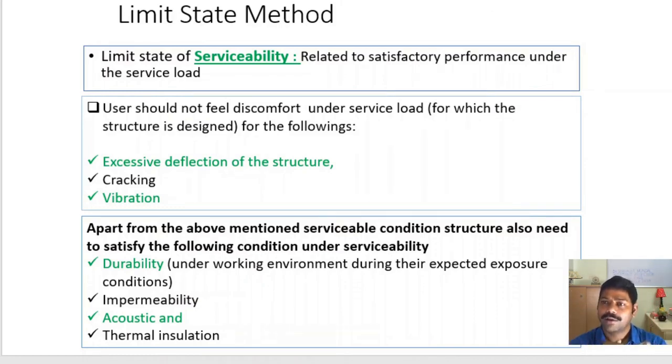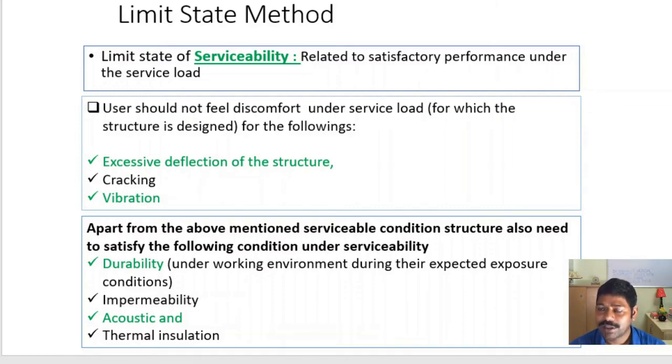Due to this phenomenon, there can be excessive vibration in the floor. It really happened in some places; I have observed it due to improper design. So the structure should not be such that there is excessive vibration.